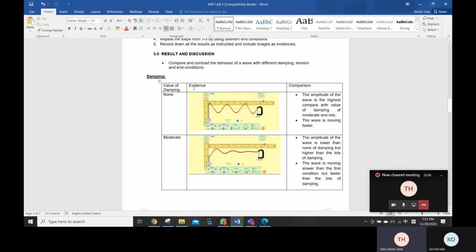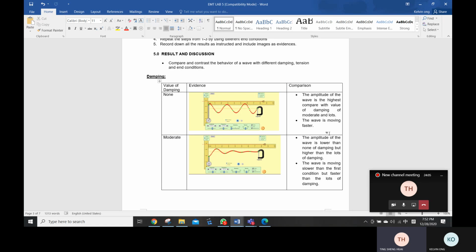So, first, this is our result. For the damping, when we adjust to the none value, in the comparison you can see the amplitude of the wave is the highest, and the wave is moving faster compared to the other, which is moderate.